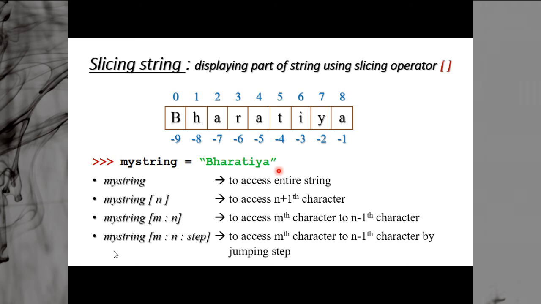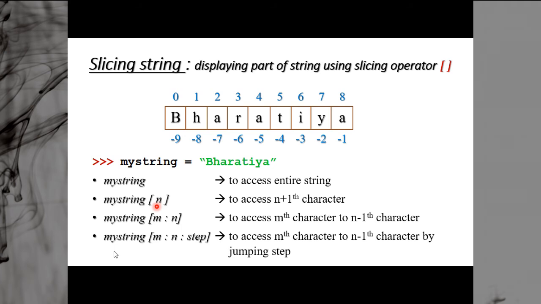my_string accesses the entire string, but if you want to slice it, you can use these methods. When you refer to the string variable name, it means you want to access the entire string. The second method is my_string[n], just one number.